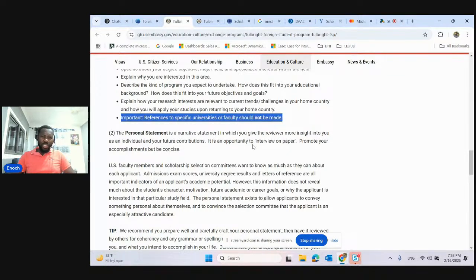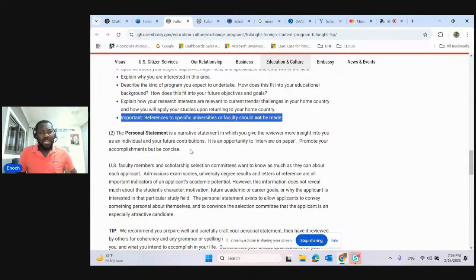It is an opportunity to interview on paper, promote your accomplishments, but be concise. So here you have to boast about yourself, what stands out, and usually you don't have to repeat. In the US they have what they call a statement of purpose. I would again talk deeper about this on Thursday.